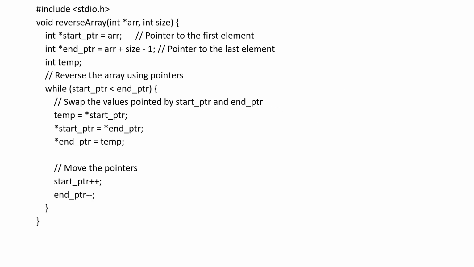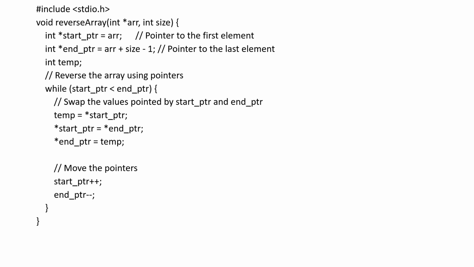So we have a function reverseArray. The formal arguments are a pointer to integer and then its size. The starting address is stored in the pointer variable start_ptr, and the address of the last element is stored in the variable end_ptr. We take a temporary variable.